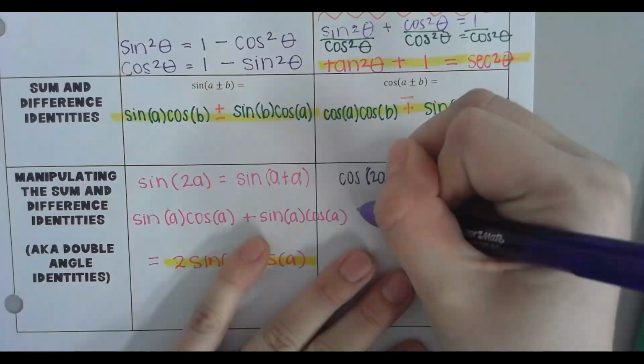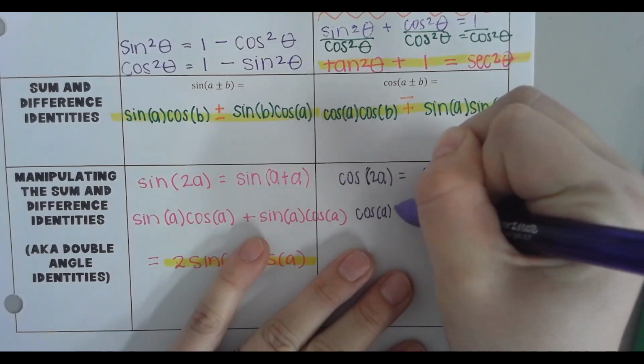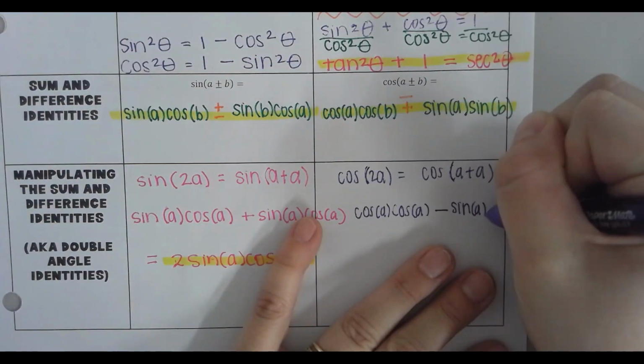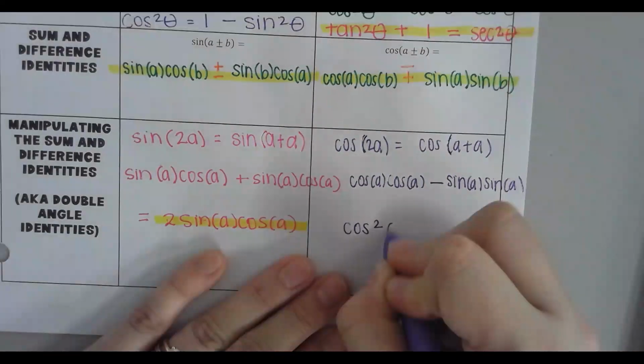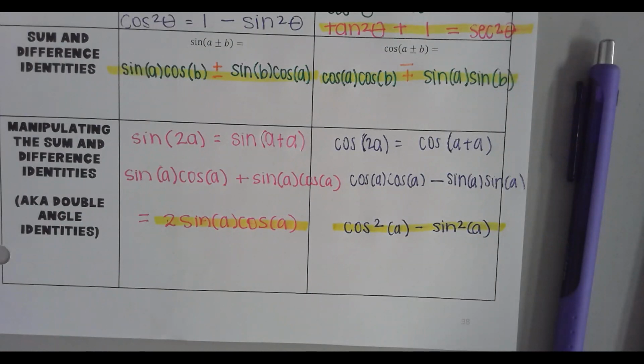So that would be cosine A cosine A. Now this one will be minus sine A sine A. And if you multiply by something, so that's a minus sine squared A. I know that's a lot. I get that.